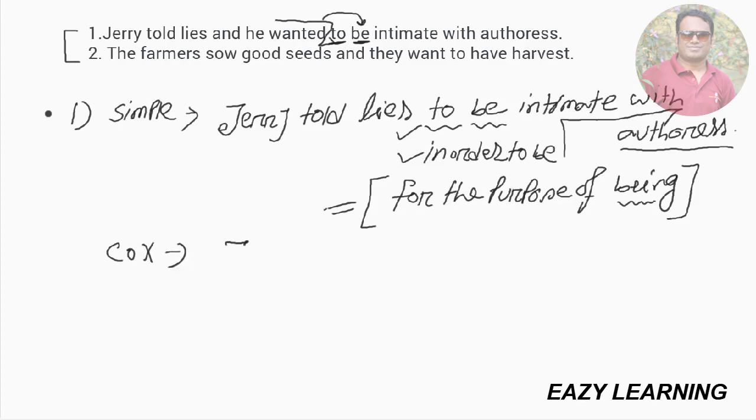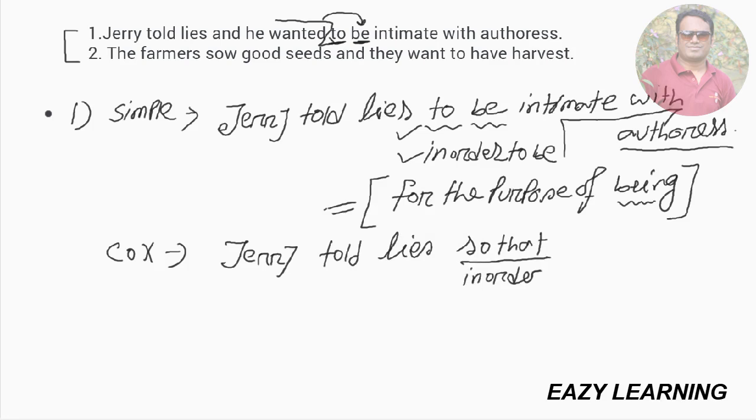Complex sentence: Jerry told lies so that, because the complex sentence symbol is "so that," "in order that" or "only that." You can write any one. So this is the symbol of a complex sentence. Jerry told lies so that, in order that, or that he could.